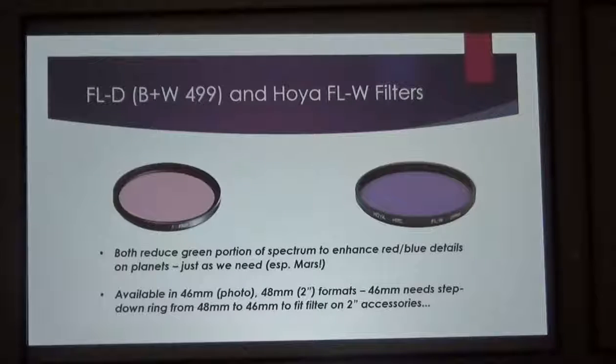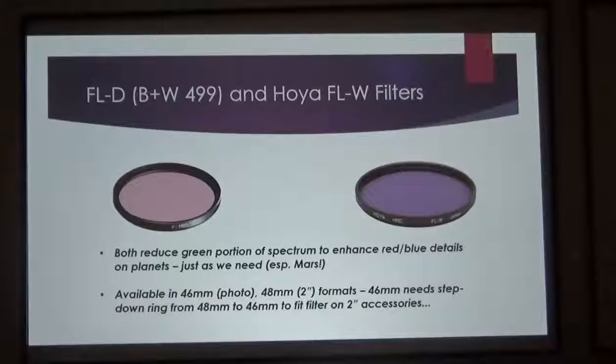What you need to do, though, to make these work on 2-inch accessories: some of the 2-inch formats are still available, but they're getting harder to find because that's not a common thread size anymore, other than for astronomy and some specialty applications. But 46 millimeter is a very common size. These are available. You can get them at camera stores. I find buying them online, on places like eBay and Amazon, a lot cheaper. Some of the online stores sometimes will have them for cheaper.